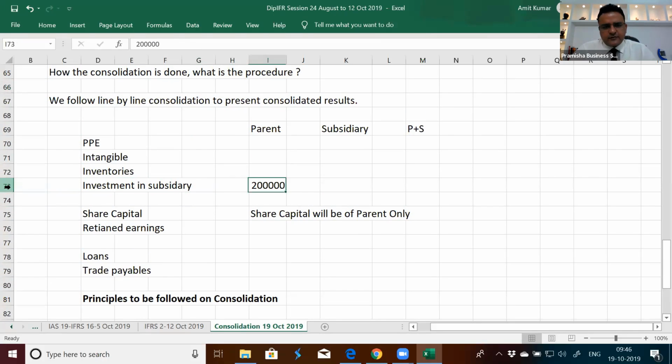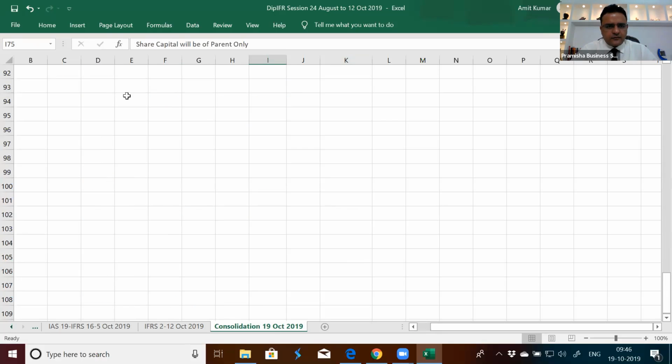Why? Because investment in subsidiary on consolidation in P plus S will replace it. So there is share capital, this investment in subsidiary of 200,000.